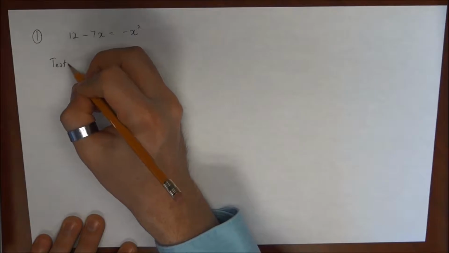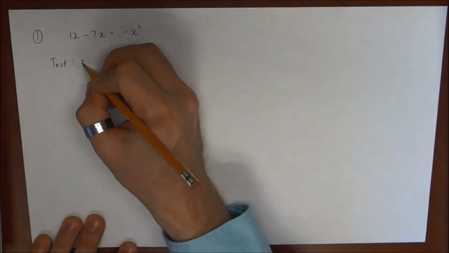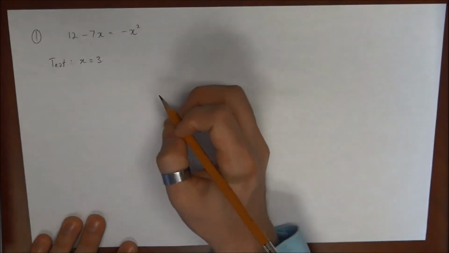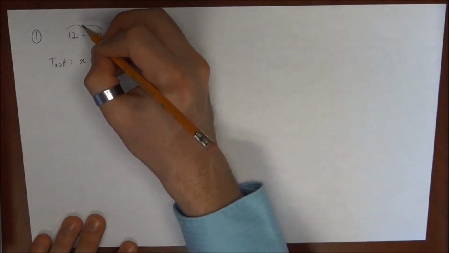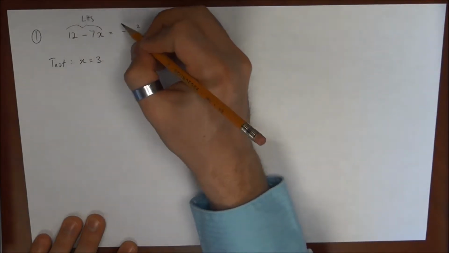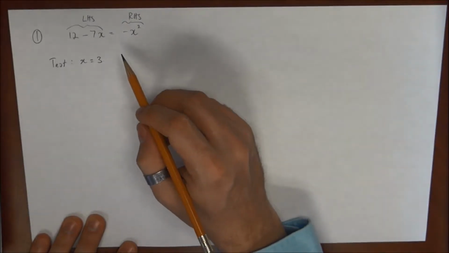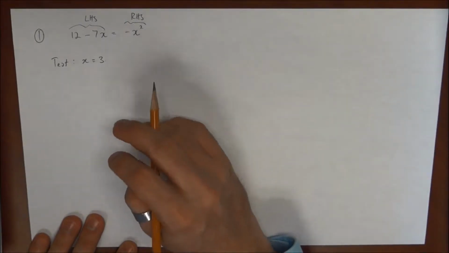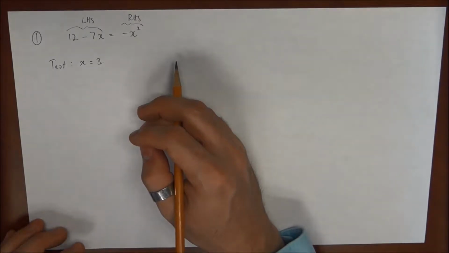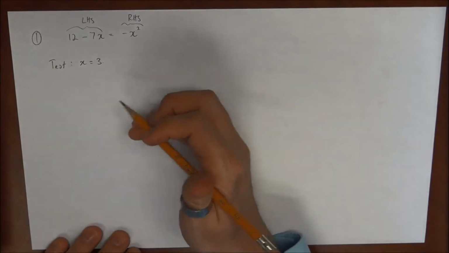So now I want to test x equal to 3. How do I do that? Well, I look at what happens when I plug it into the left-hand side as well as the right-hand side, and if they're equal to each other, that means it satisfies the equation.